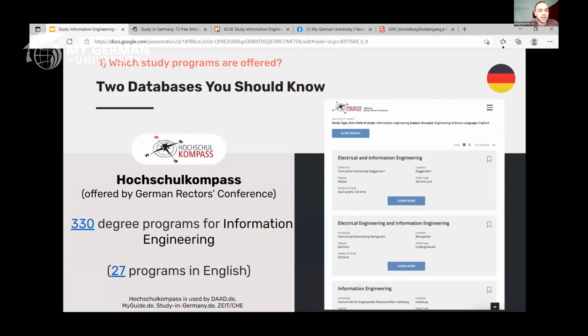Eileen, if you have time, please share this link in the chat so that our attendees can have that. And if you, for example, search for information engineering or related programs in Hochschulkompass, you will find 330 degree programs, and out of them, only 27 programs will be in English.